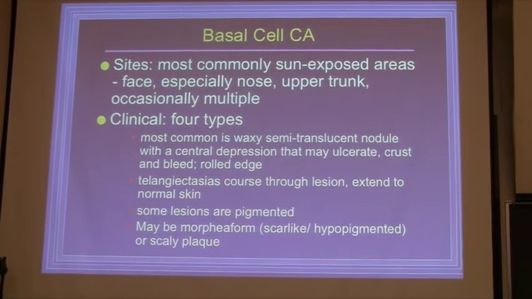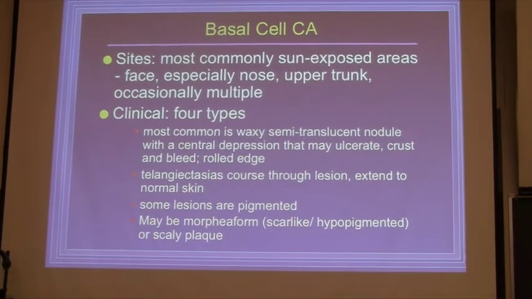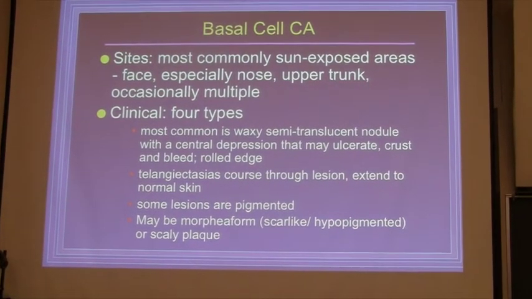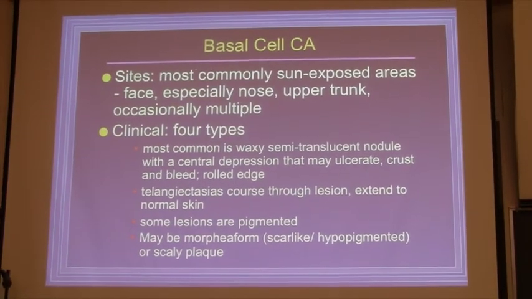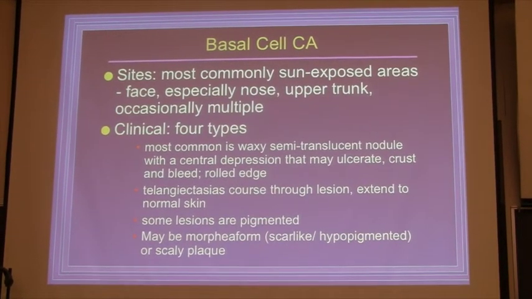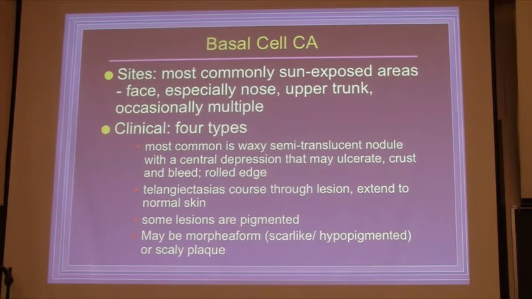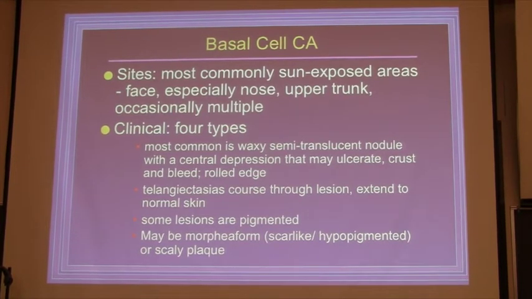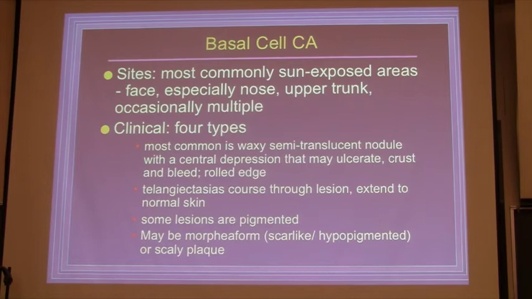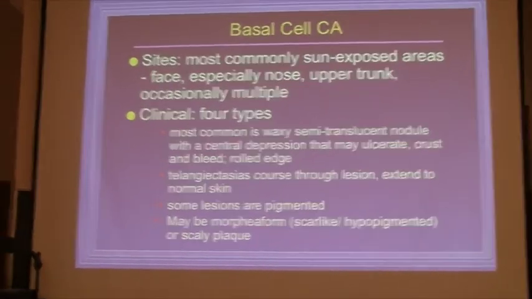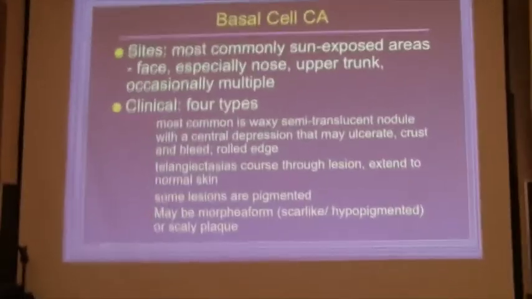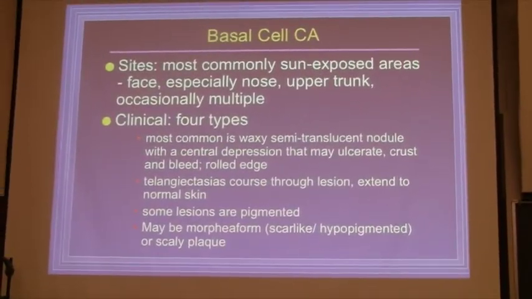You see them on the arms, and interestingly, in the United States, we see more on the left arm. Why is that? Driving, right? So that arm might be out the window, or it might be sunlight coming in through the direct sunlight side of the window. So you see it on the arm too, but really the face and the nose just sticks out there and grabs sun. Now, I'm going to show you some pictures of some other basal cells here.